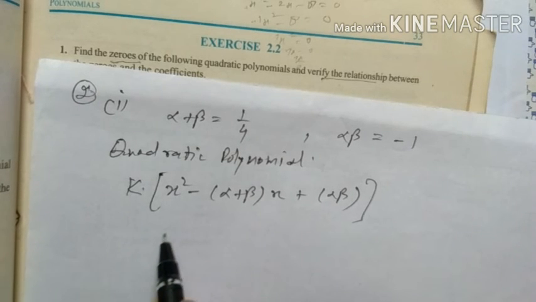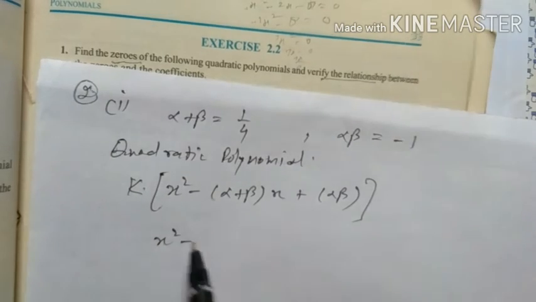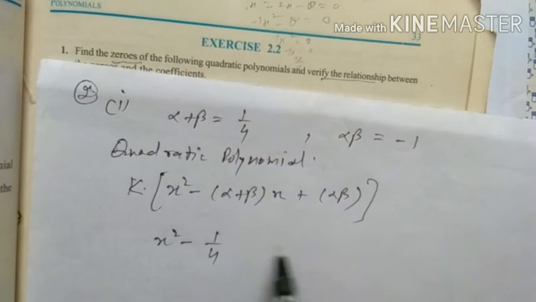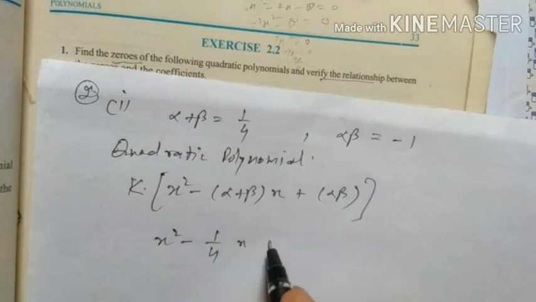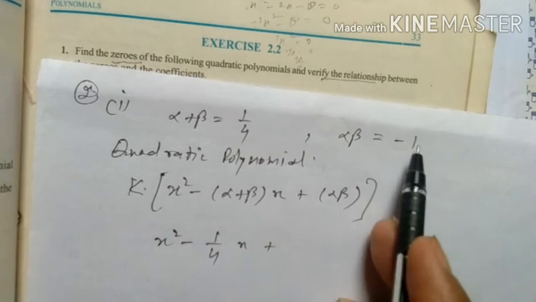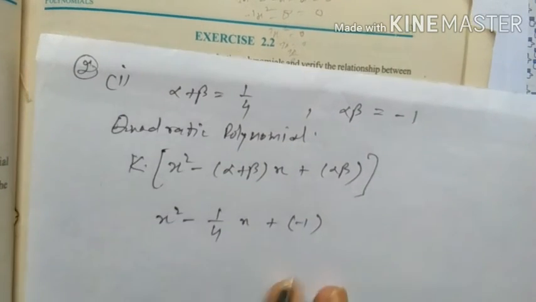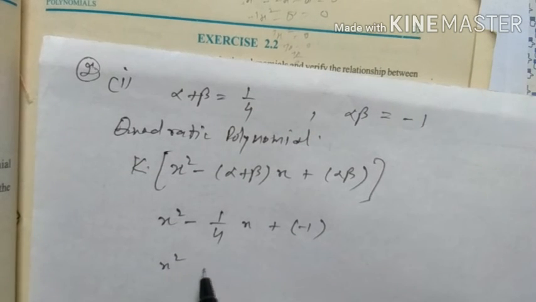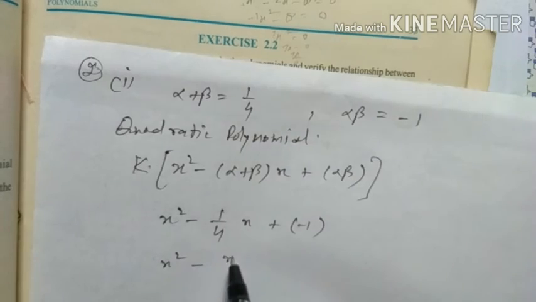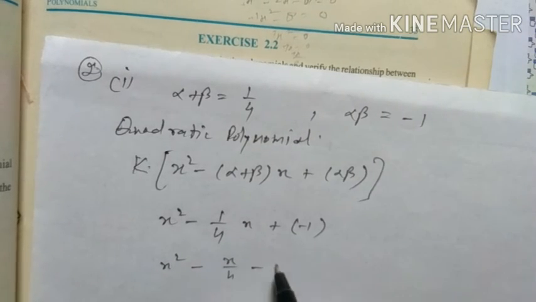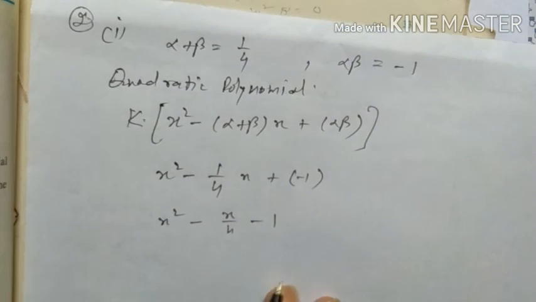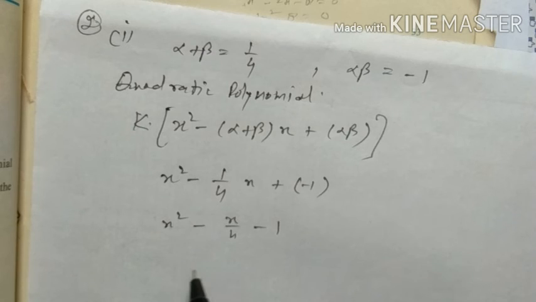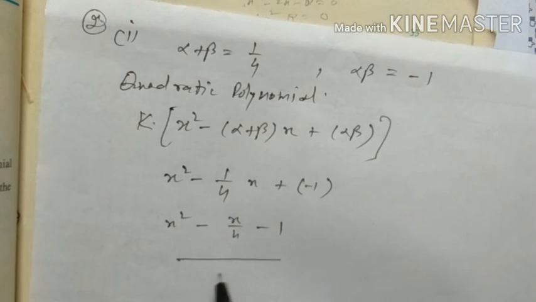The polynomial becomes x square minus (1 by 4) x plus (minus 1). So this becomes x square minus x by 4 minus 1. This is the quadratic polynomial.